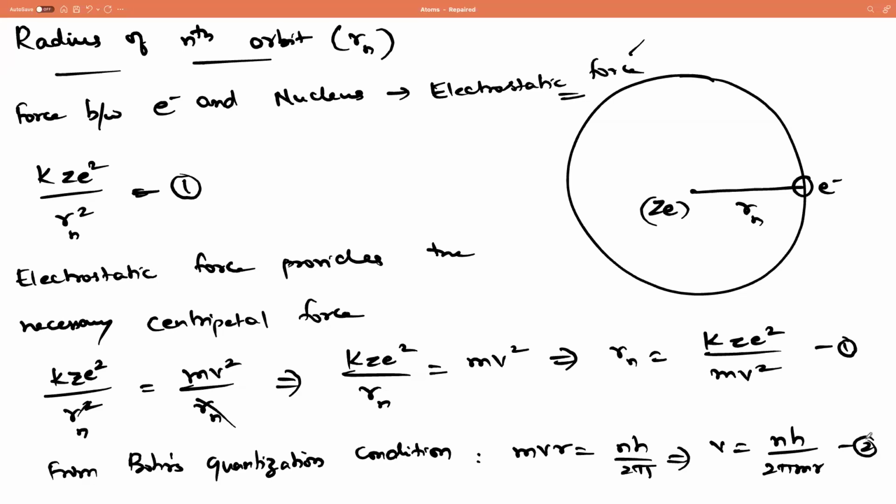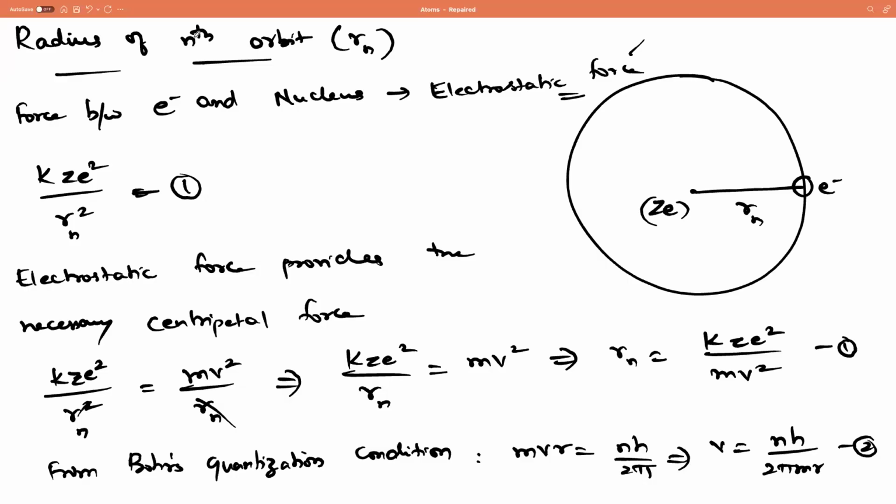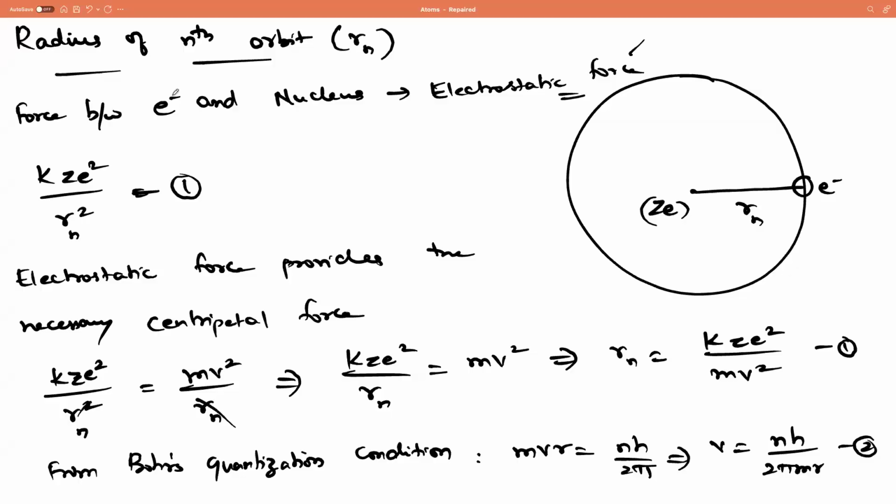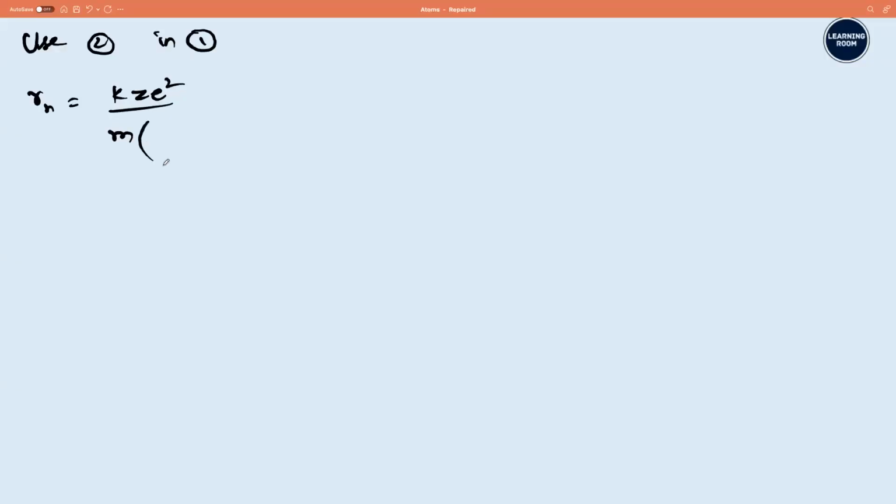So what I'm going to do is use 2 in 1. When I use 2 in 1, I get Rn is equal to kZe square divided by m into v square.